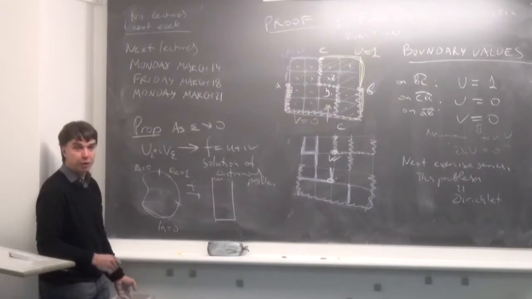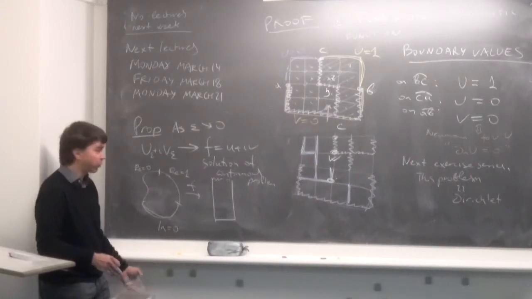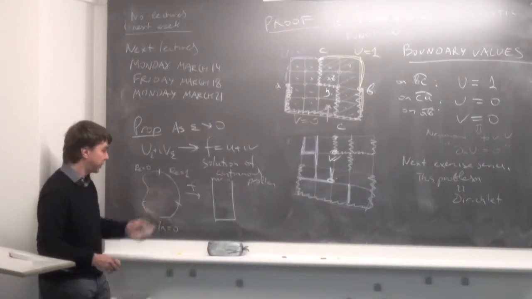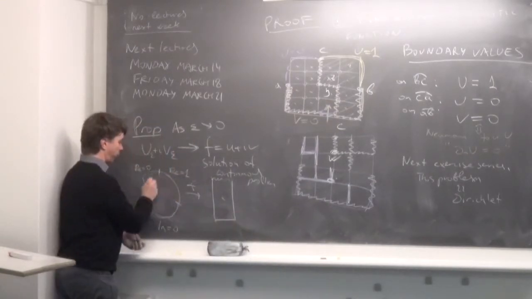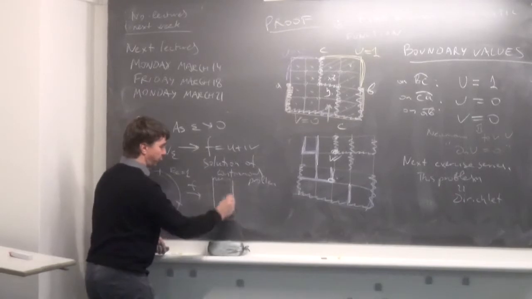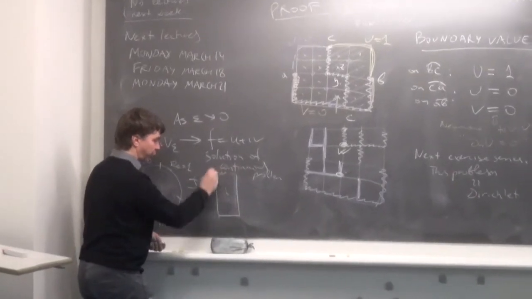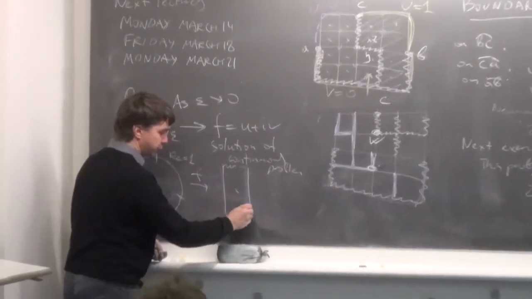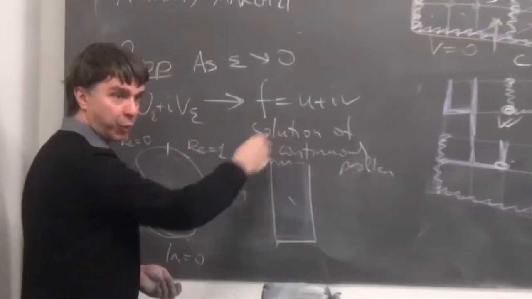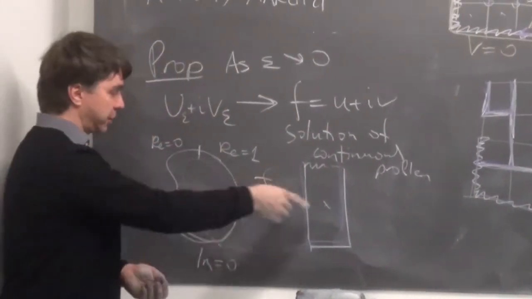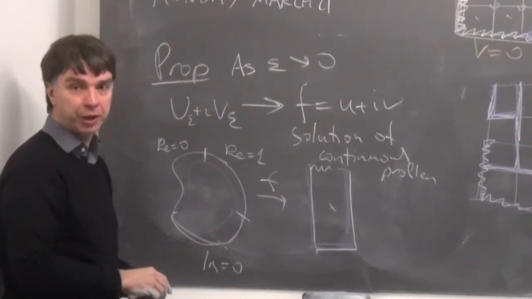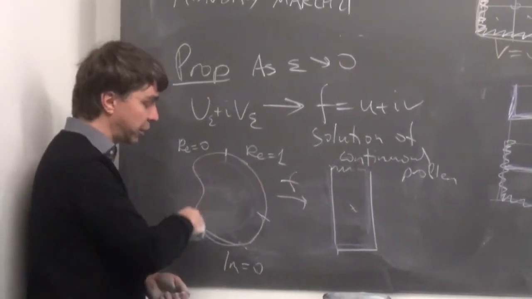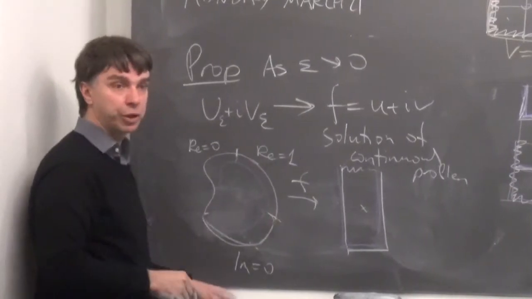But also I can use the argument principle to show that they are equal, because if I have another solution, then every value will be taken exactly once, because when I go along the boundary, I will first go here, then I'll jump, then I go here, then I go here, so I will circle this point exactly once. So every solution of this boundary value problem is actually a conformal map, and the conformal map is unique because I fixed the positions of 3 boundary points.